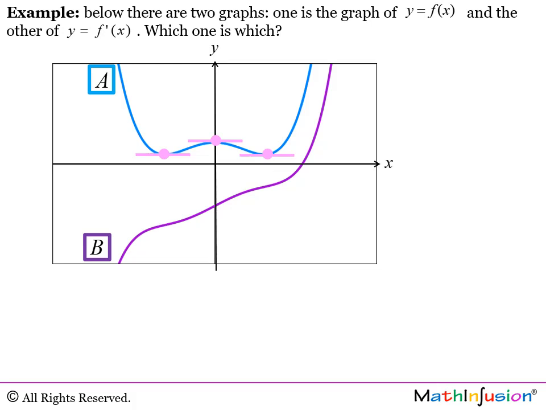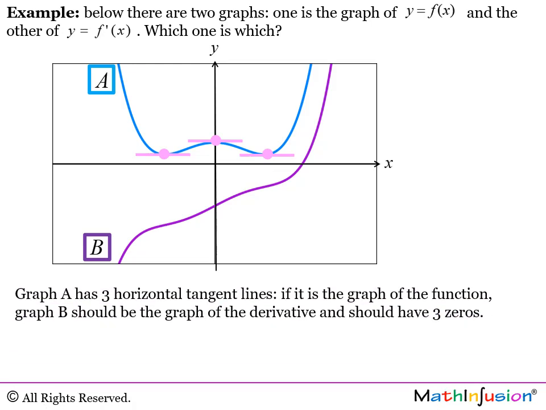So, if this is the case, then because graph A has 3 horizontal tangent lines, if it is the graph of the function, graph B should have 3 zeros, because it will have to be the graph of the derivative. But as you can see, graph B has only 1 zero. So I can conclude that graph A is not the graph of the function. So B is the graph of the function, and A is the graph of the derivative.